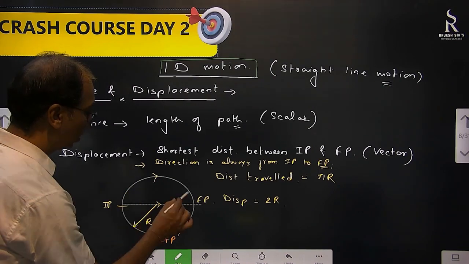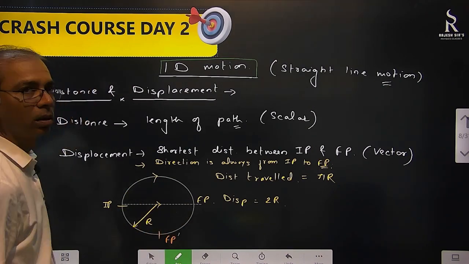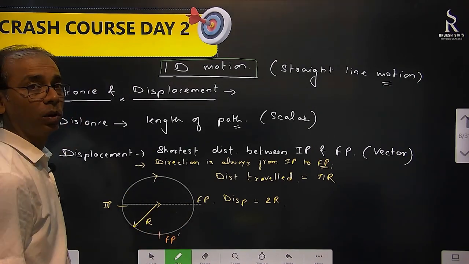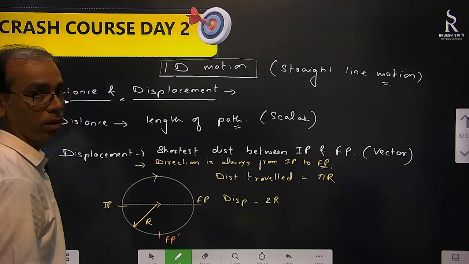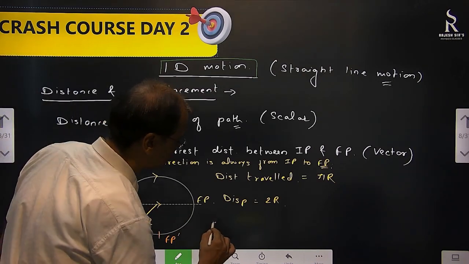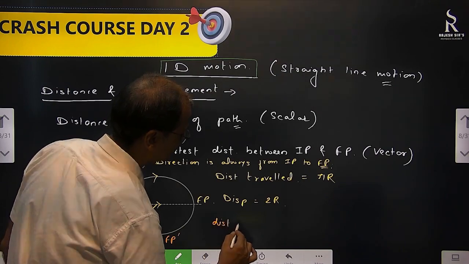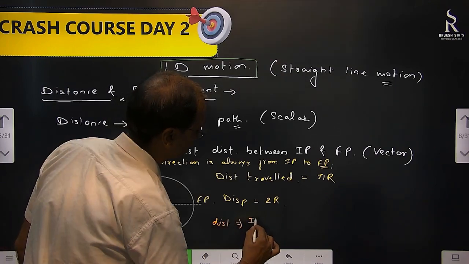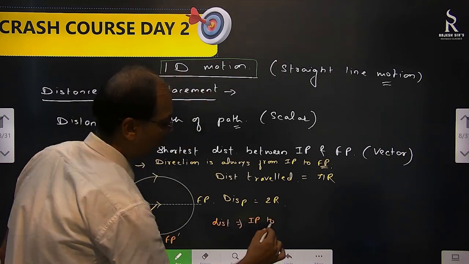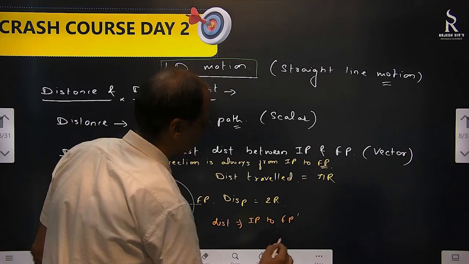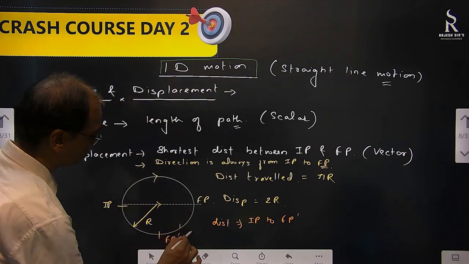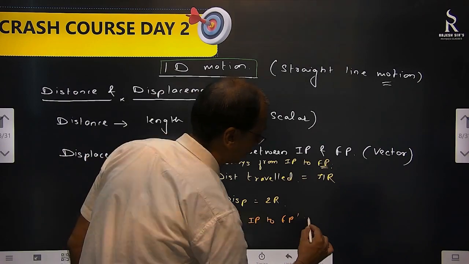So this is pi r, this is pi by 2 r. So pi r plus pi by 2 r, that means 3 by 2 pi r. So the distance from IP to FP dash, this is how you traveled. The distance is 3 by 2 pi r.